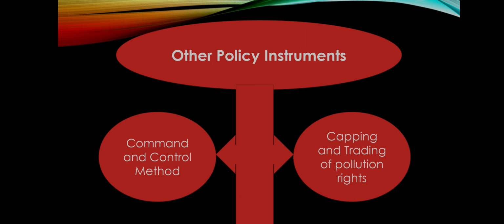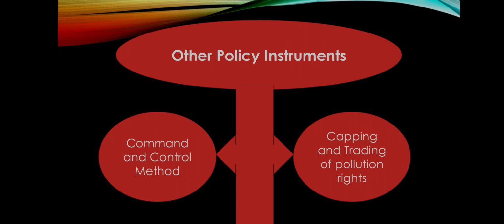There is a provision in the law in the US. If business units are not emitting up to the quota given by the government, they will sell the remaining portion of the quota to other business units.